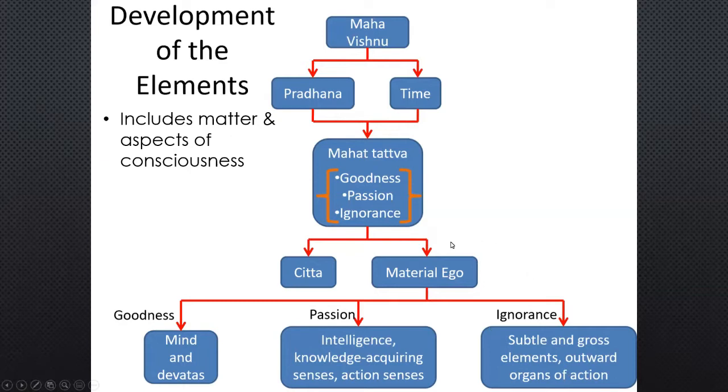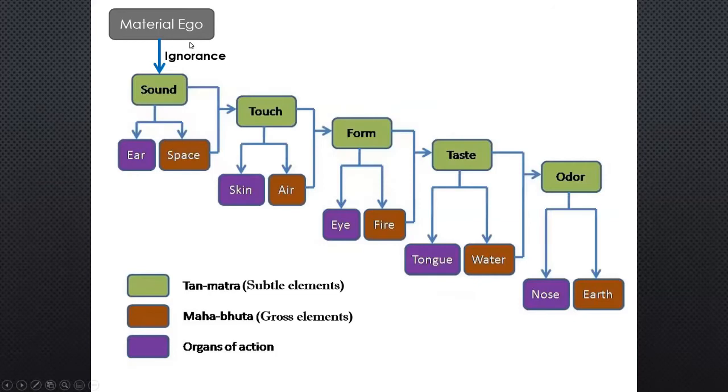And let's look at this last one a little bit more. The material ego, developing in ignorance, develops what are called the tanmatras, or the subtle elements: sound, touch, form, taste, and odor. And sound creates the organ of action, the ear, and creates the mahabhuta, or the gross element of space.